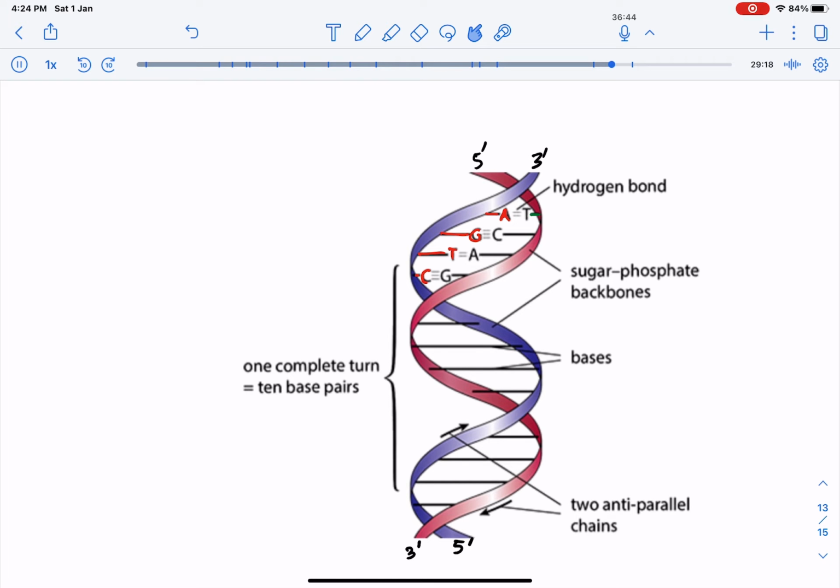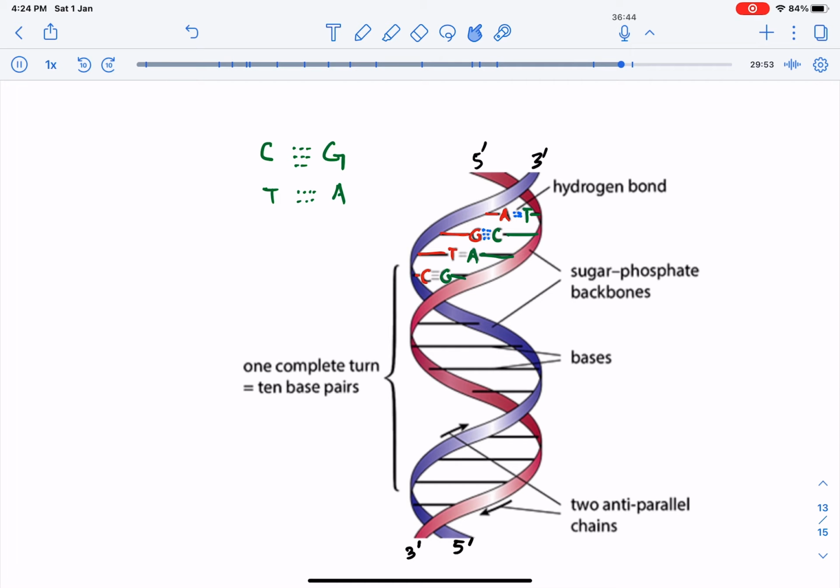Thymine is complementary to adenine, cytosine is complementary to guanine, and adenine is complementary to thymine, and guanine is complementary to cytosine. So there is hydrogen bonding in between the complementary bases. This hydrogen bonding is shown with the dotted lines here.